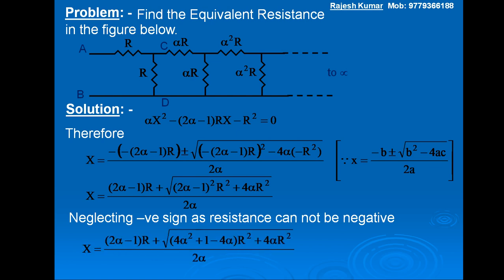Solving again, we get x is equal to 2 alpha minus 1 within the bracket into capital R plus square root of opening the whole square, we get 4 alpha square plus 1 minus 4 alpha within the bracket into r square plus 4 into alpha into r square whole upon 2 alpha.